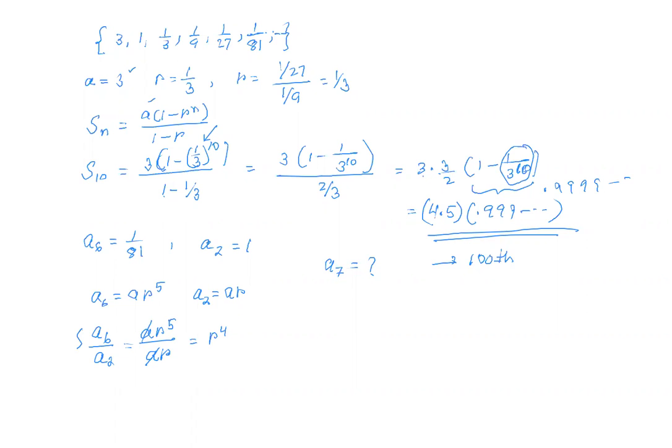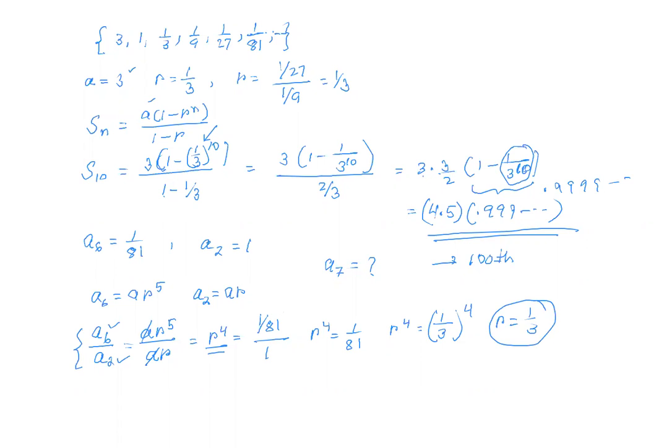So that's A6 divided by A2, which is the same as 1 over 81 divided by 1, because A6 divided by A2 is R to the power 4. So R to the power 4 is equal to 1 over 81. And if you take the fourth root of it, you'll see that R to the power 4 is equal to 1 over 3 to the power 4. So R must be 1/3. You just found the R.